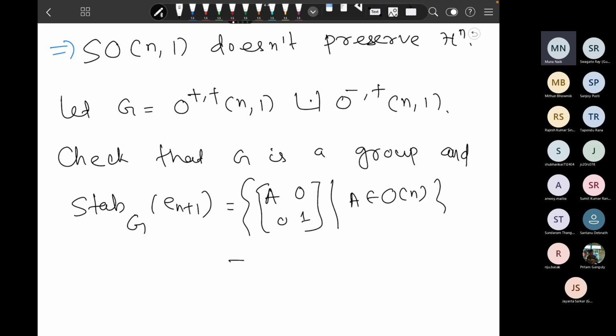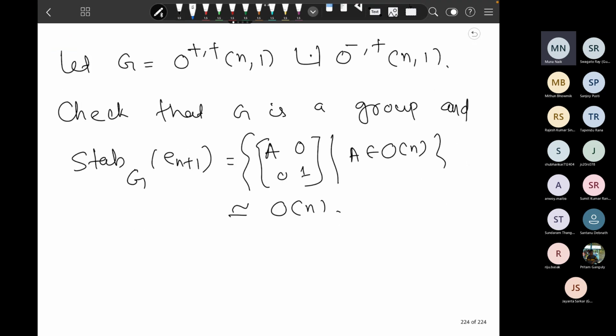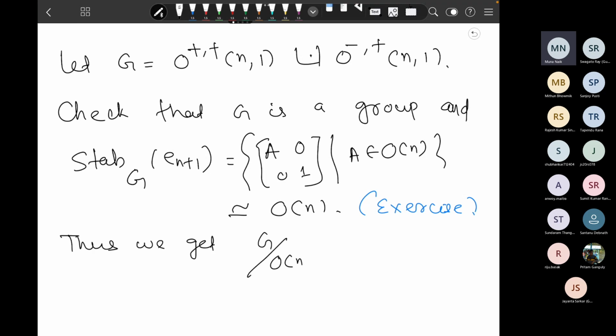And so this is homomorphic to O_n. This is an exercise I can give you. So thus we get G mod O_n is really H^n.